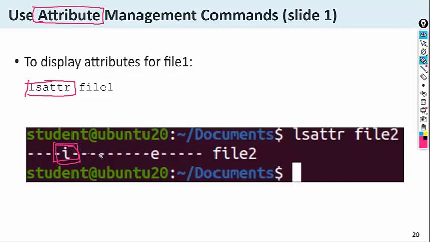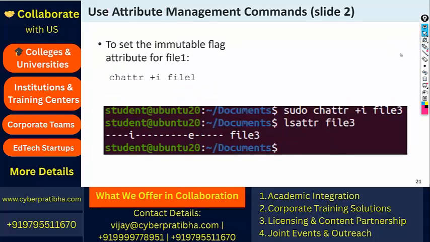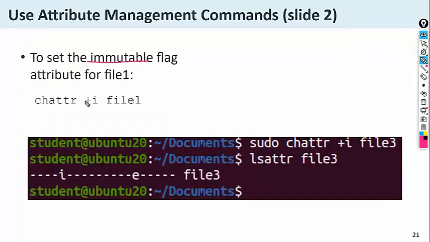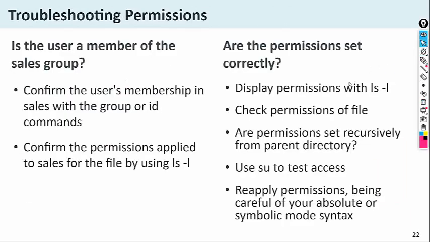When you implement this attribute, neither the user, nor the owner, nor the root user can delete this file. Nobody can delete or modify the file when we enable this attribute, which is called the immutable attribute. This immutable attribute can be implemented by using the command chattr +i. So when it is implemented, nobody can delete this file.